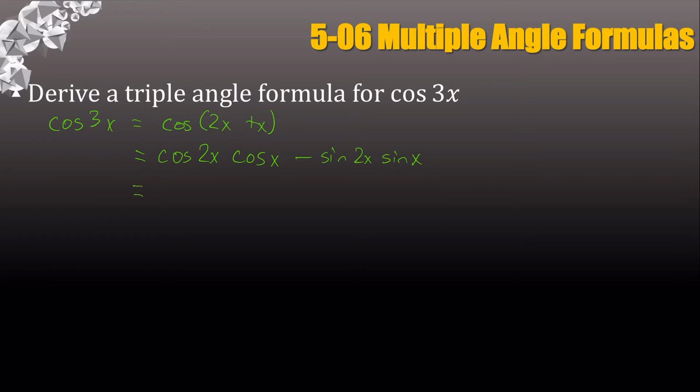But cosine of 2x would be 2 cosine squared x minus 1, and sine of 2x is 2 sine of x cosine of x.